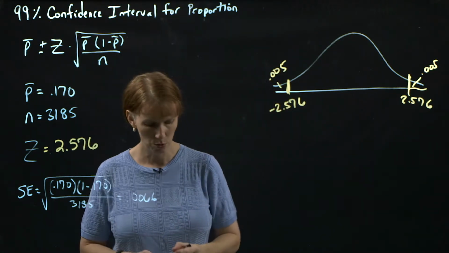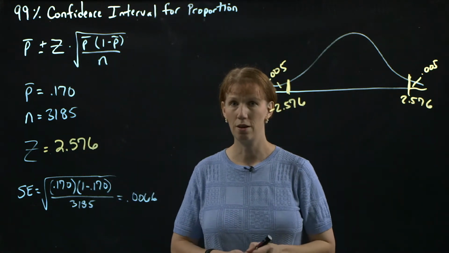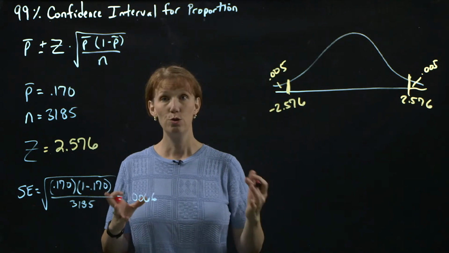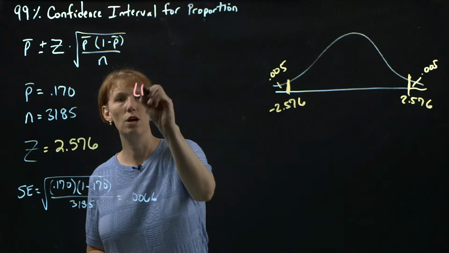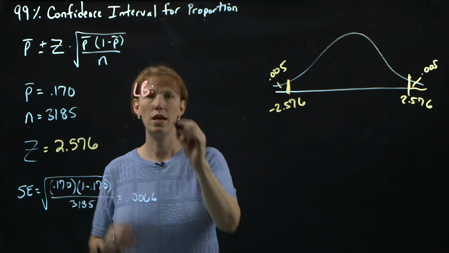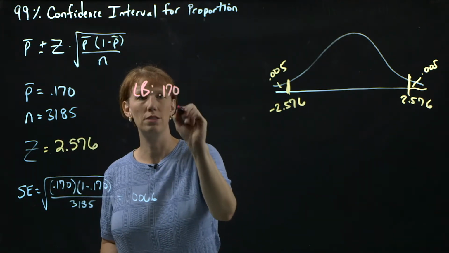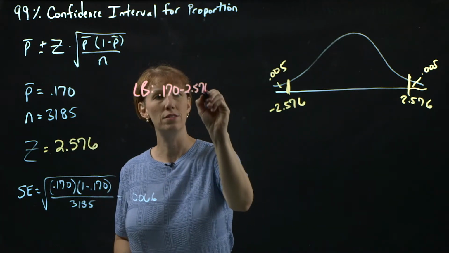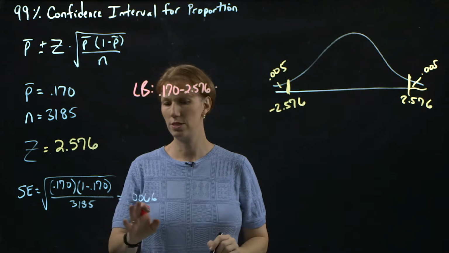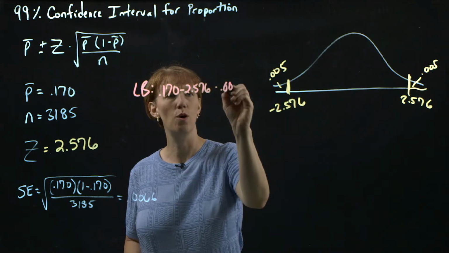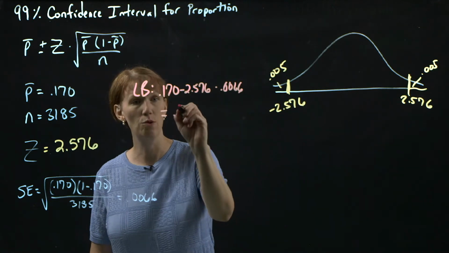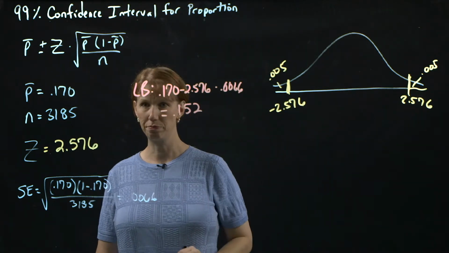So let's put these three things together for the purpose of estimating our lower and upper bounds. If we substitute this in, I'm going to start with the lower bound. We're going to take P bar 0.170 minus 2.576 times our standard error, which is 0.0066, and from that we will obtain a value of 0.152.